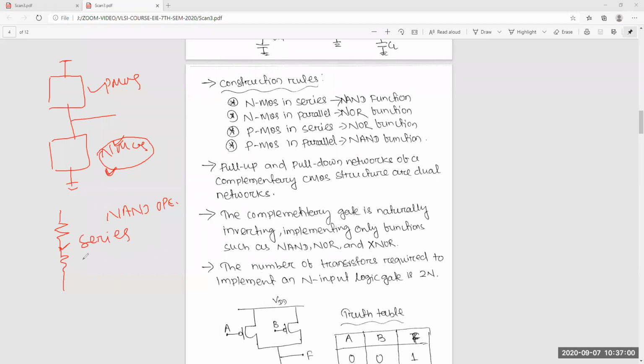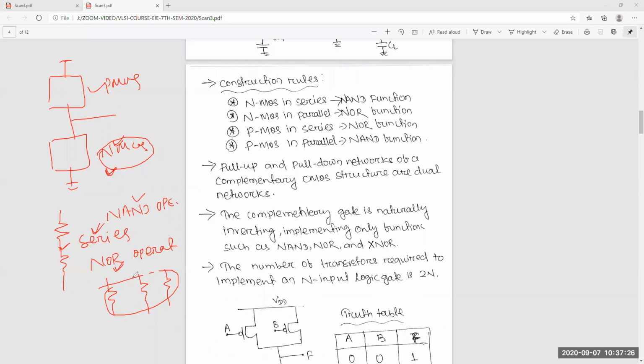Similarly, for NOR operation, you have to put all the pull down devices in parallel. So this is the first construction rule: for a NAND gate, you use all the devices in series, and for a NOR operation, you use all the devices in parallel.